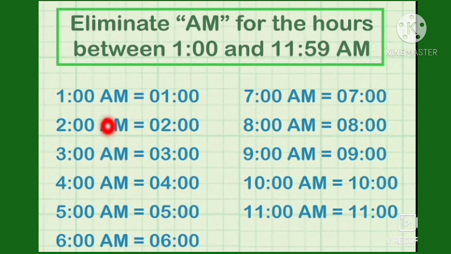If the hour number is a single digit, add a leading 0. Okay, so take away the signifier AM and add a leading 0 if the hour is a single digit.